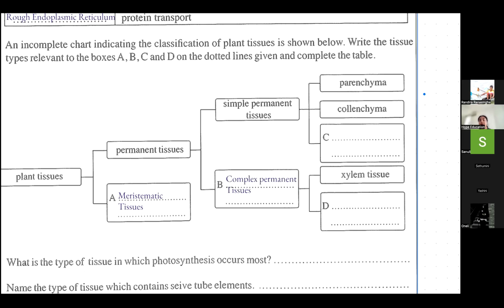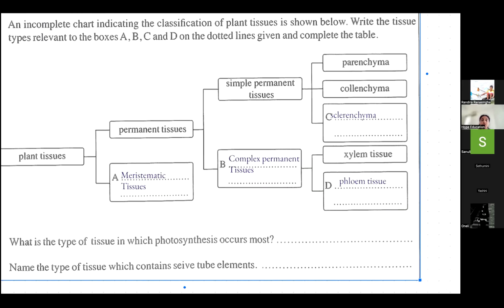Then simple permanent can be divided into three as parenchyma, collenchyma, and sclerenchyma. Complex permanent tissues can be divided into two as xylem and phloem.